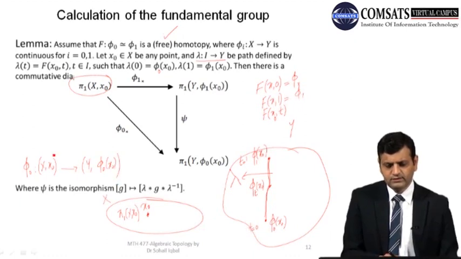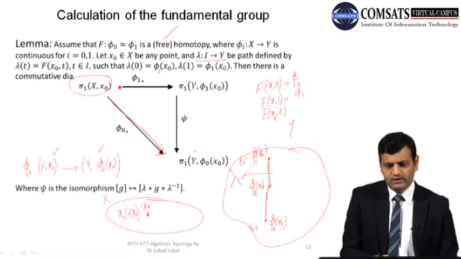So phi naught is a morphism between these two pointed spaces. According to our previous results, there exists phi naught lower star. So there exists this map, and this is going to be a homomorphism.